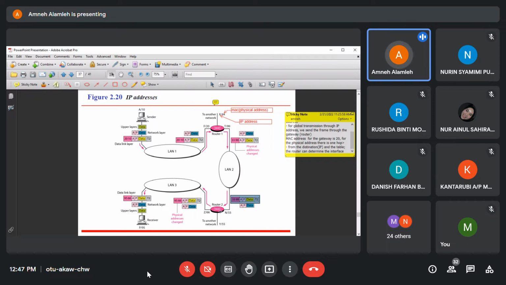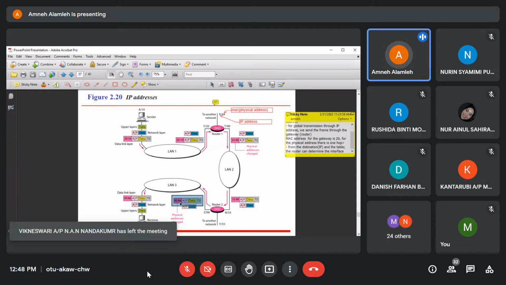So it envelopes the same data in a new frame. This is the last frame, which has the MAC address of the receiver, which is 95, and the MAC address of this interface.